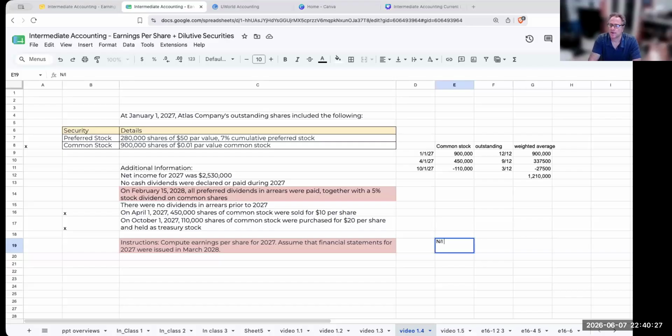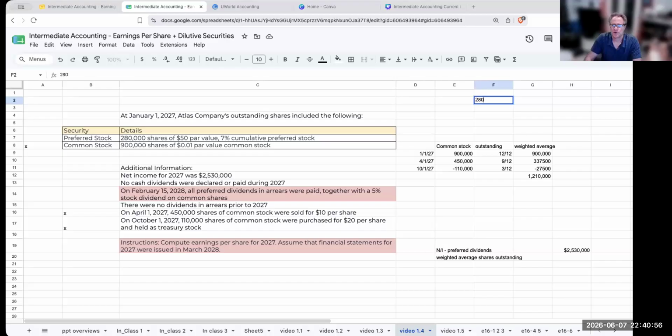Now let's go to the earnings per share. Earnings per share is my net income minus my preferred dividends, divided by my weighted average shares outstanding. My net income was 2,530,000. But because the preferred shares are cumulative, I have to deduct the dividends even if I didn't pay them.